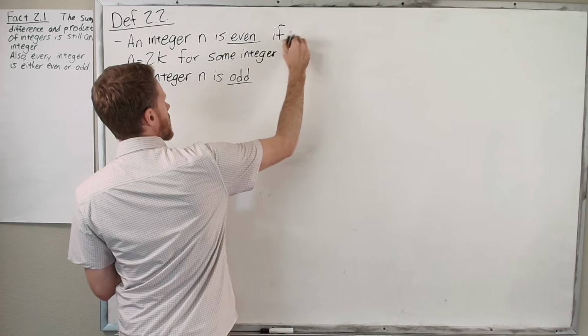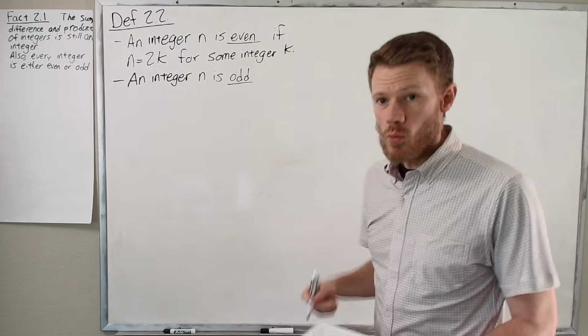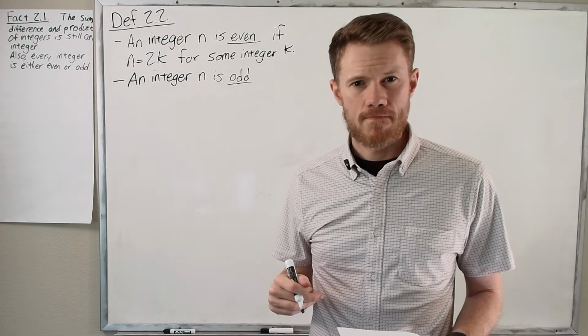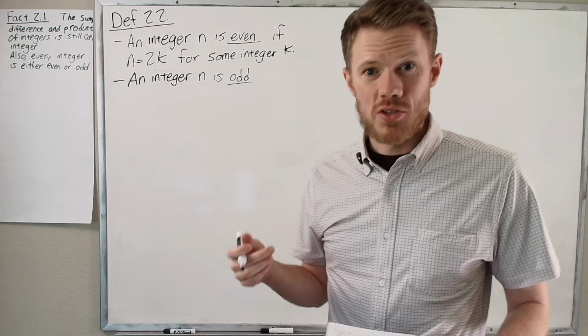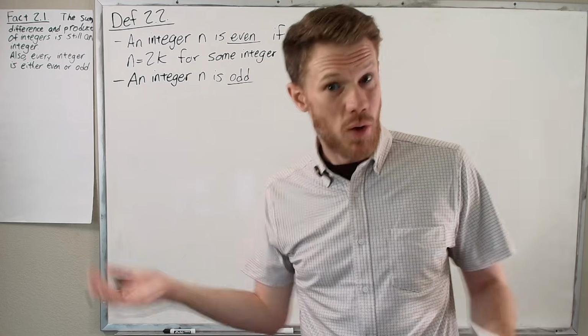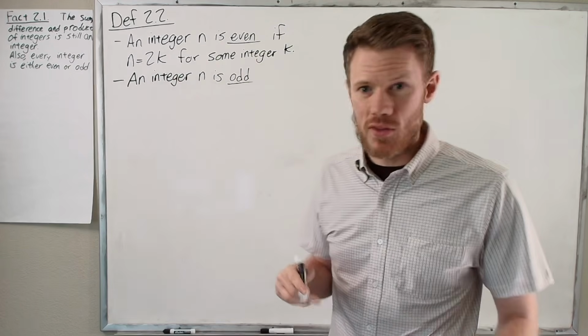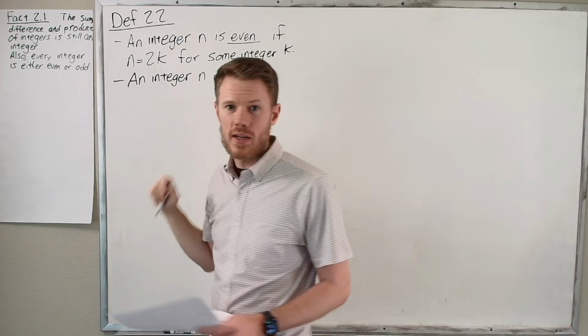All right. So what would be an odd integer? How would you define that? Maybe n equals 2k plus 1. That's pretty good. Again, it gives you an equation that you can work with. So if you're given an even integer, you can substitute in a 2k.